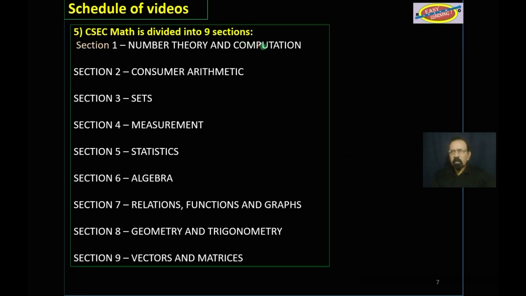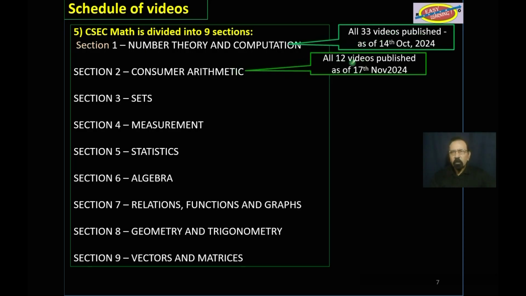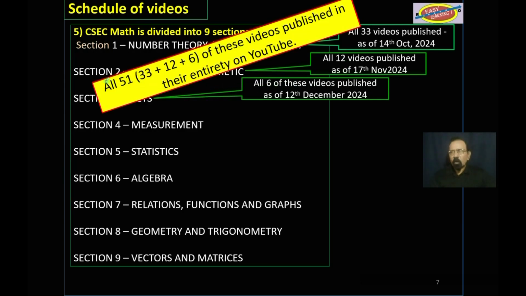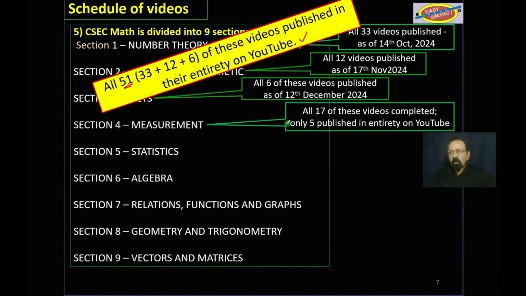Schedule of videos, as you know by now: sections 1, 2, and 3. All 51 of these videos have been published in their entirety on YouTube. From Section 4, 5 of 17 videos have been published in their entirety on YouTube, the others partially published on YouTube.